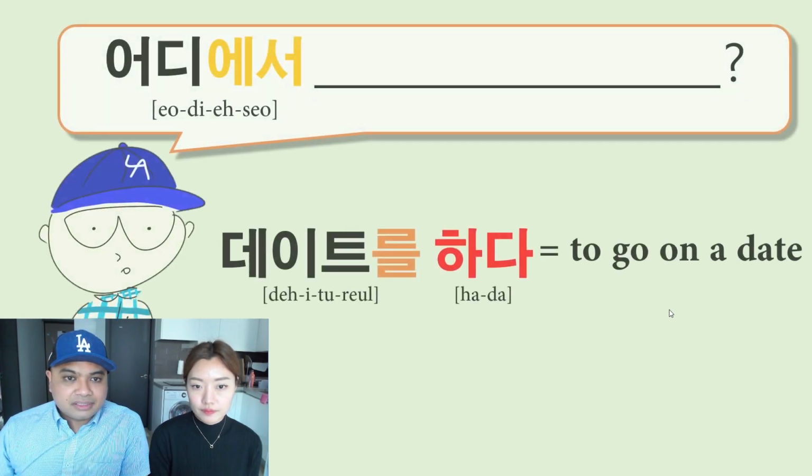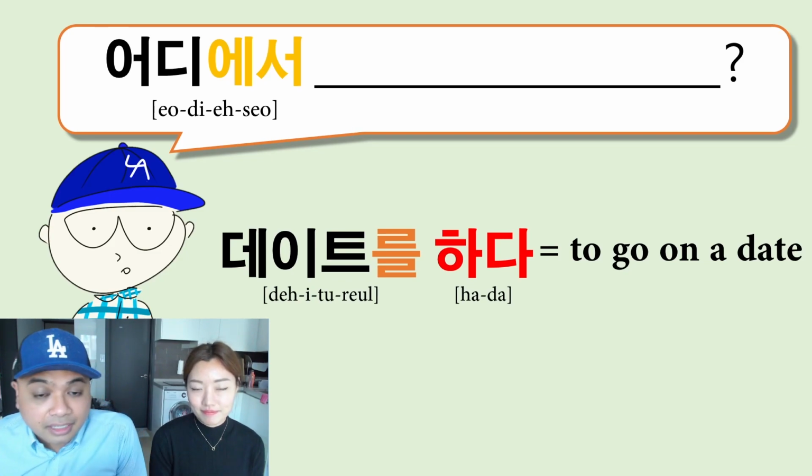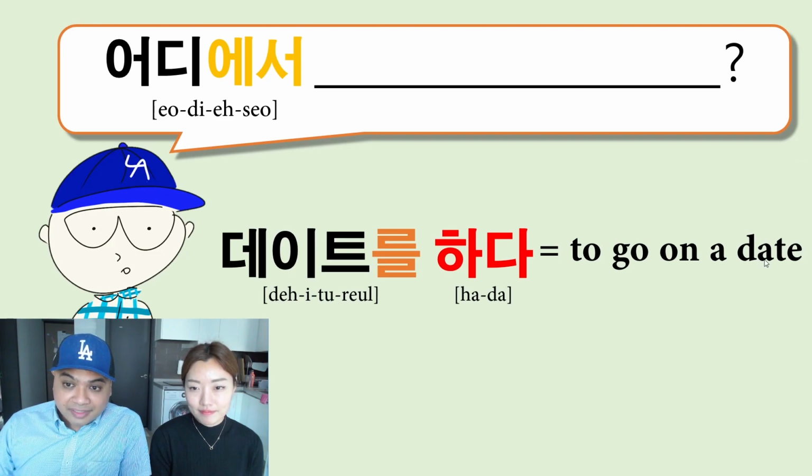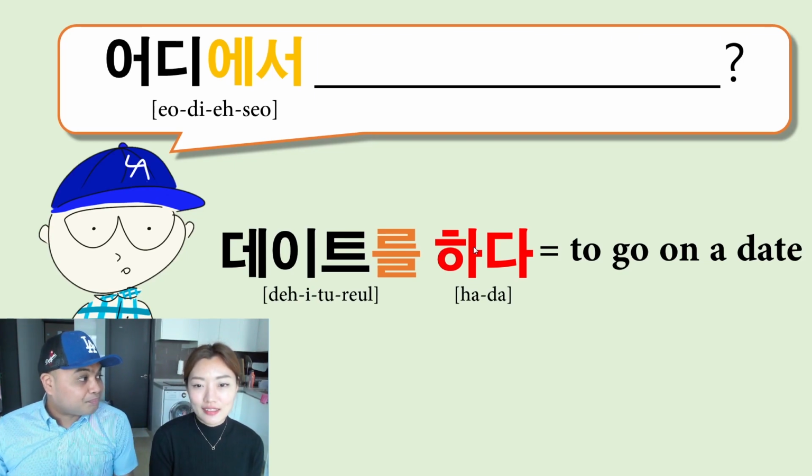Now let's keep going. We have another question here. I got so many questions for Donna. 어디에서 means, of course, where at. Where did you go on a date? So if you look right here, how do we say this? 데이트를 하다. Date, I think you can guess what that means. It means date. 하다 means to do.